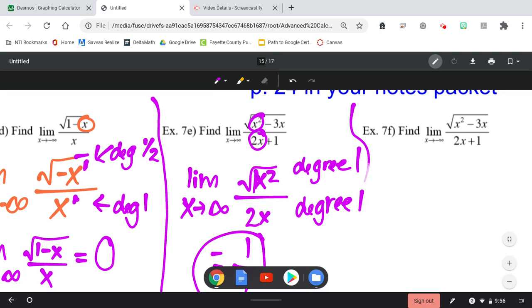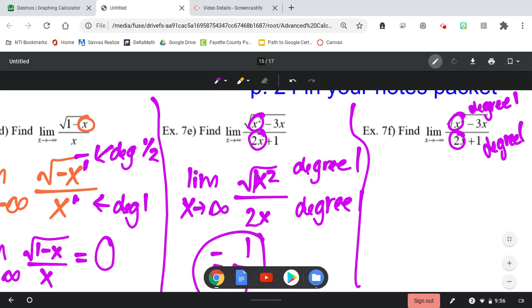And then one more like that. If I look at only the relevant terms again, the degree of the numerator, x squared, I divide that 2 in half, and I get 1. So the degree of the top is 1. Degree of the bottom is 1.